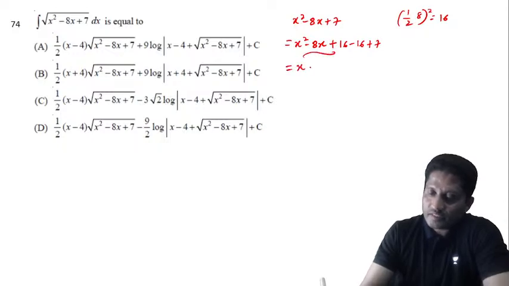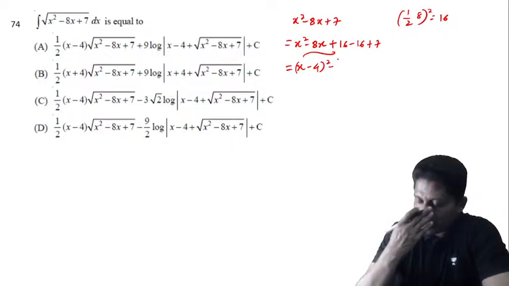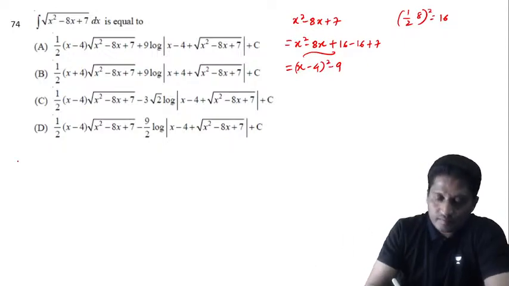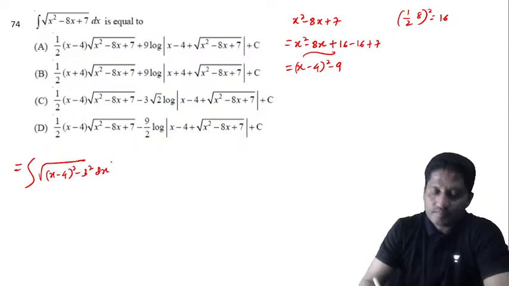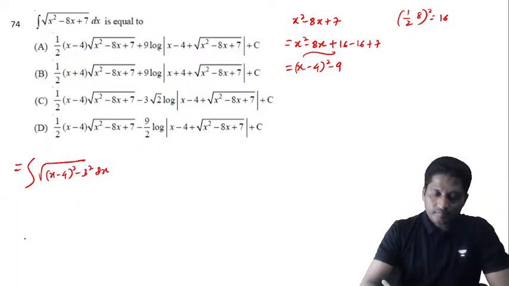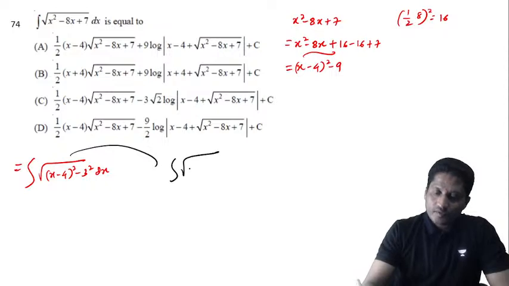First three terms give x minus 4 the whole square, and then minus 9. Okay, root of x minus 4 the whole square minus 3 square. So this is of the form root of x square minus a square.